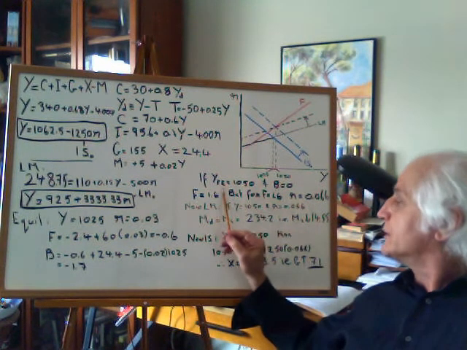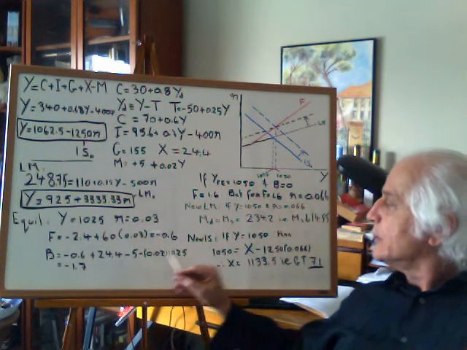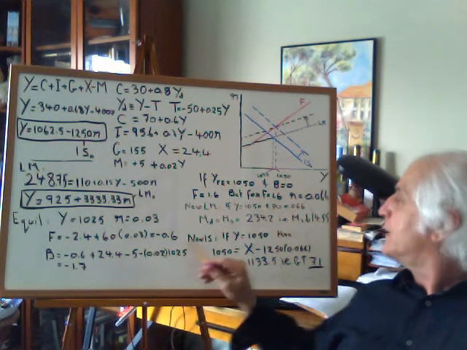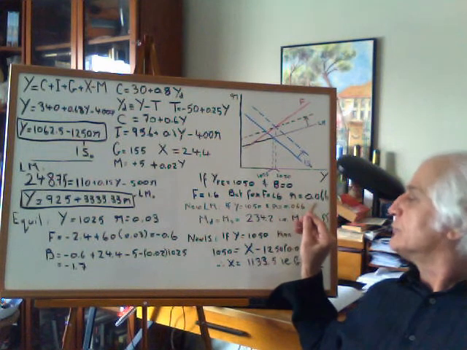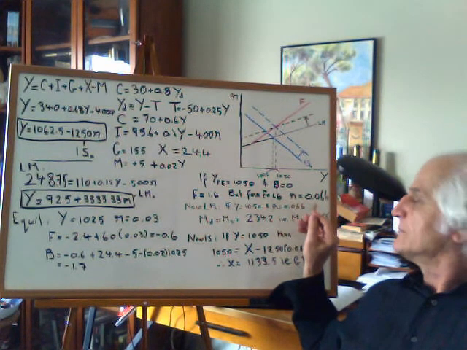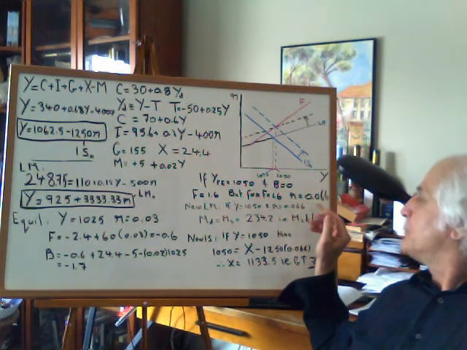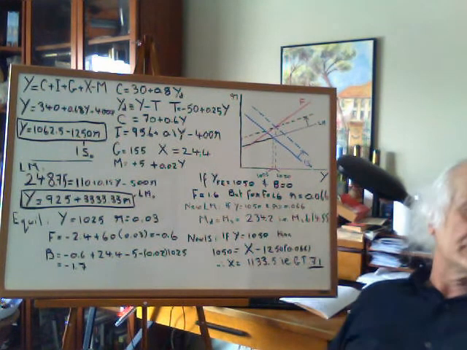Because we know over here the Y, we plug in the Y, and we find out that r is going to have to be 0.066.